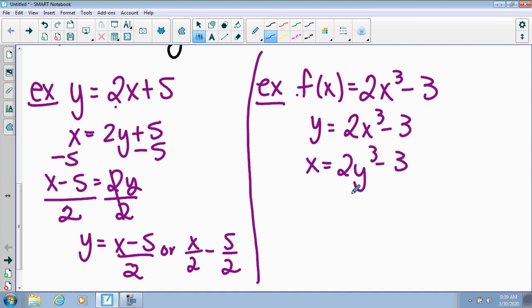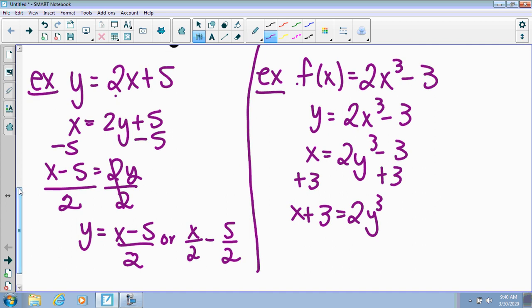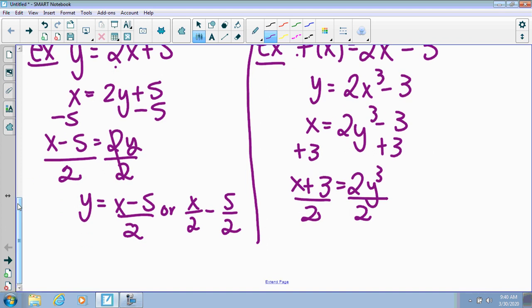And then I want to get the y by itself. So I'll add my 3 first. Add 3, add 3. So x plus 3 is 2y cubed. And now before we get rid of the cubed, we have to divide by 2. Divide by 2. Okay, 2's are gone.